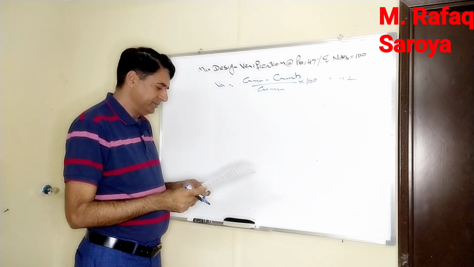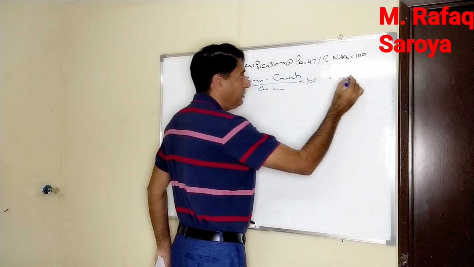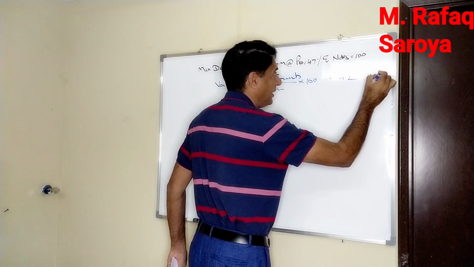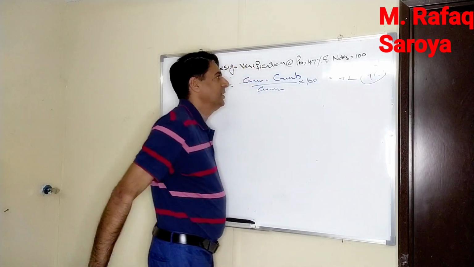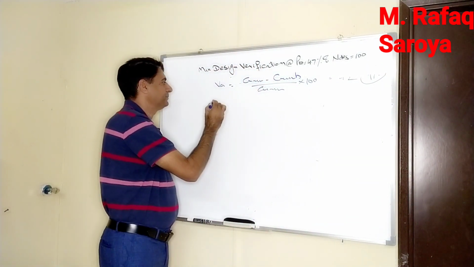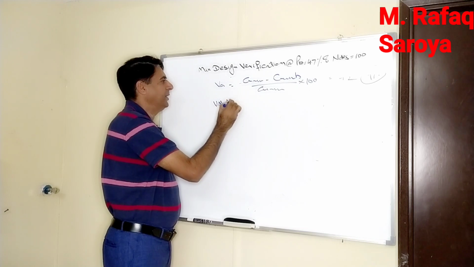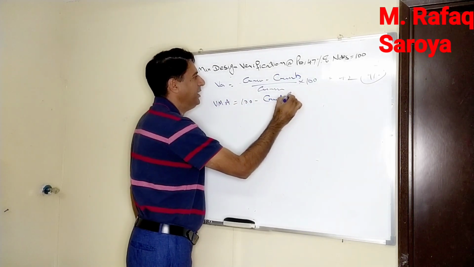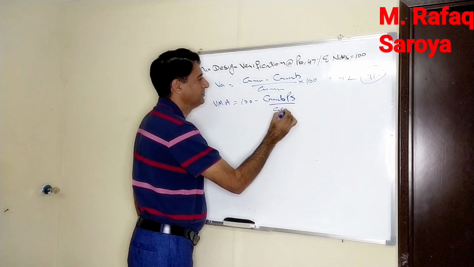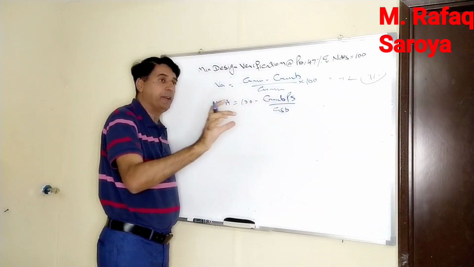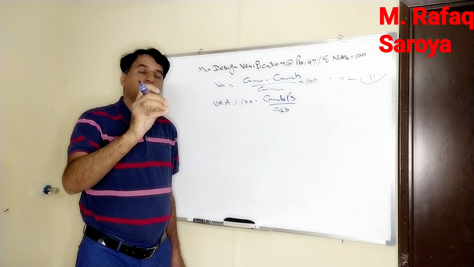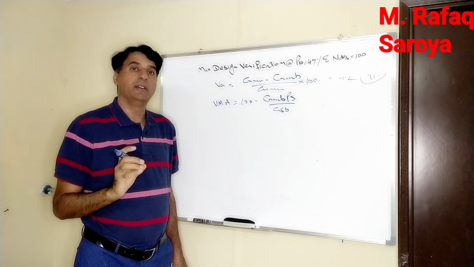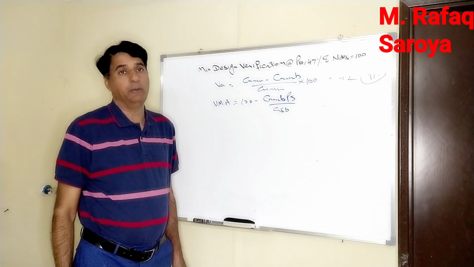The specification requirement is 4%, so it means it is acceptable. Next, VMA. You know this formula: 100 minus GMB times PS over GSB. This GSB for our design aggregate structure number 1 is 2.896.